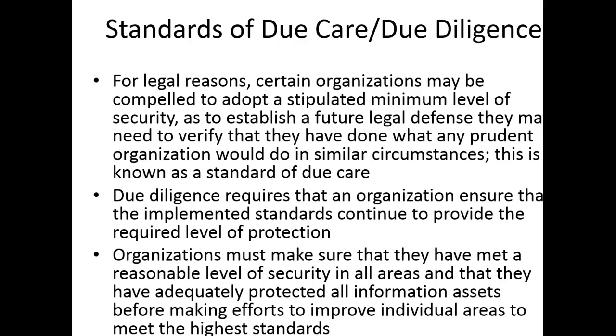So that means maybe some companies want to implement some advanced controls that are available to them, but because of financial or personnel reasons, they can't do that. They cannot just establish a costly state-of-the-art security in one area and not do anything in other areas. That's why they should make sure that they have a reasonable level of security in all areas.